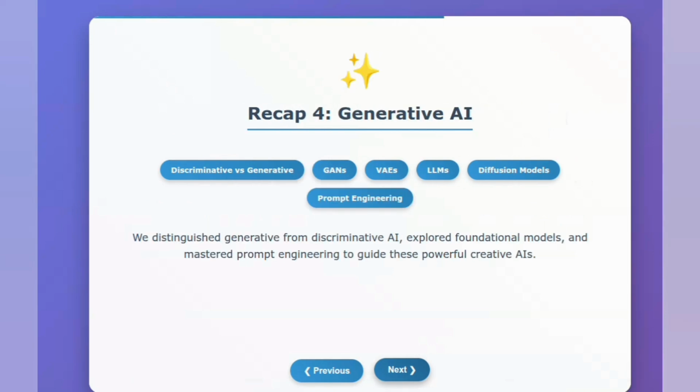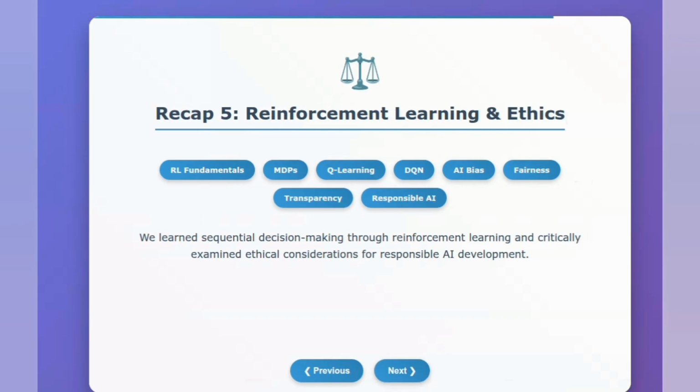In generative AI, we distinguished it from discriminative AI, explored foundational models like GANs and VAEs, and then went in-depth on large language models and diffusion models for image and multimedia generation. We also learned the crucial skill of prompt engineering to guide these powerful AIs. Finally, we revisited reinforcement learning for sequential decision-making and critically examined the ethical considerations and responsible development of AI.